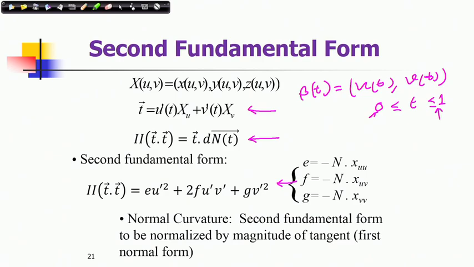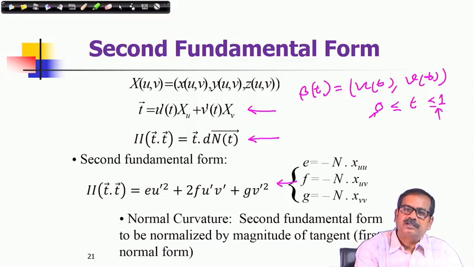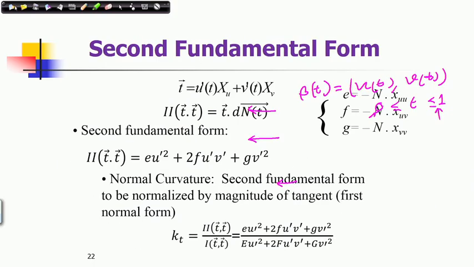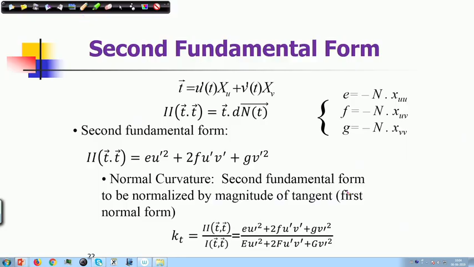And normal curvature has to be normalized with respect to the magnitude of the tangent. So, it is the second fundamental form that should be normalized, and these are the expressions.